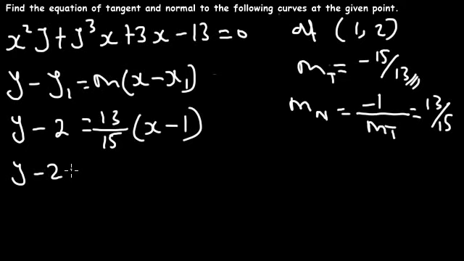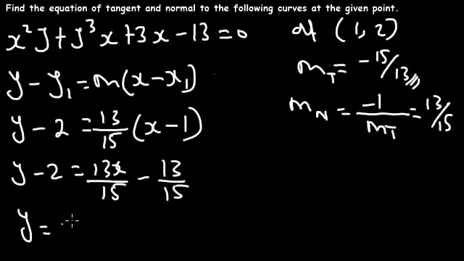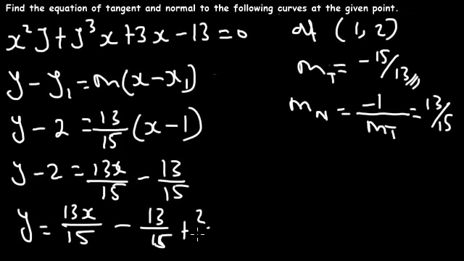So y minus 2 equals 13 over 15 times x, that's 13x over 15. Then again times negative 1 gives us negative 13 over 15. And we have y equals 13x over 15 minus 13 over 15 plus 2 over 1.